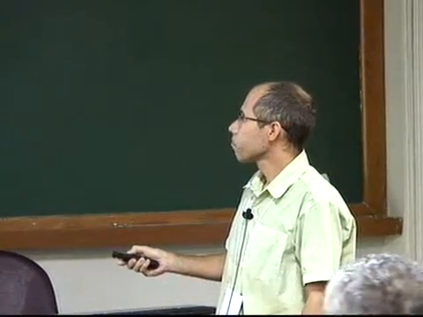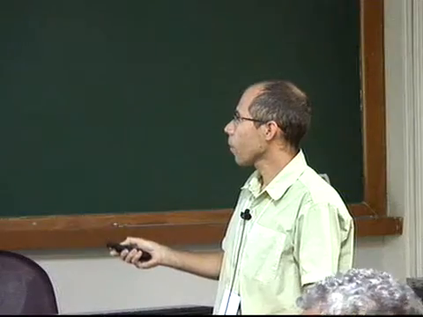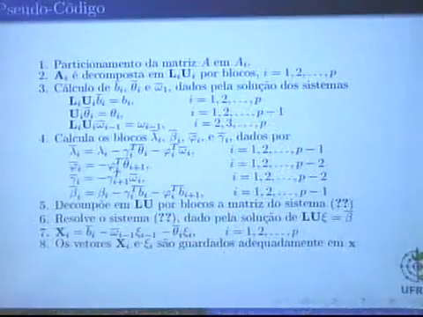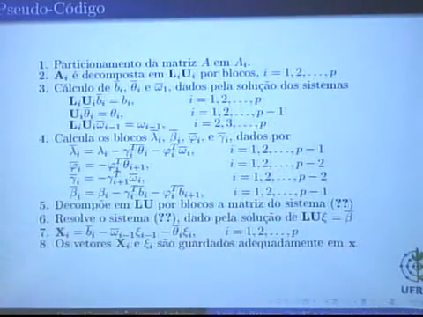Then, after performing this LU computation of the submatrix A i, you can compute b i, theta i, and omega i in these equations, also in parallel. After that, you can compute the blocks of the matrix.